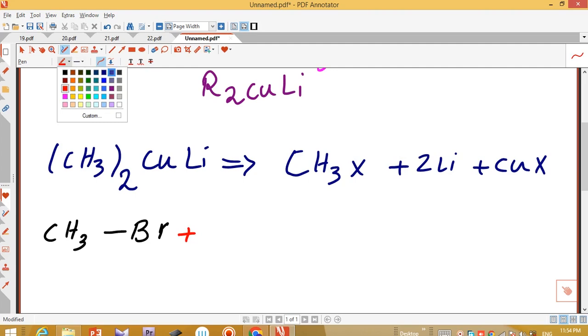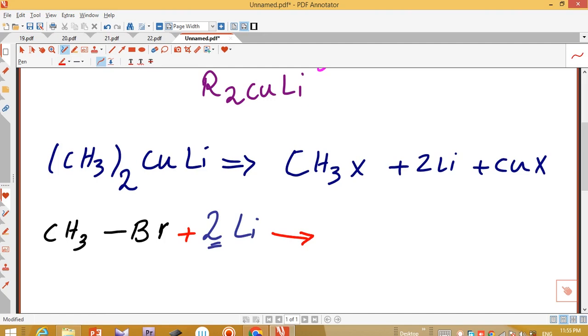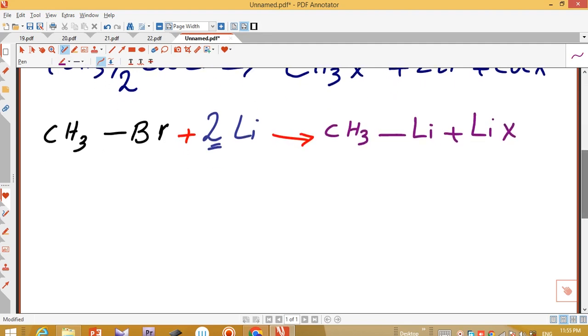For example, methyl bromide can react with 2 equivalents of lithium, and we will have metal halogen exchange, my friend. Just put lithium instead of bromide. Very simple. Also, we will have one other lithium which can be a cation, and we will have lithium bromide. So I should write bromide instead of X. No matter. Okay, so the solvent, as I mentioned here, is ether.